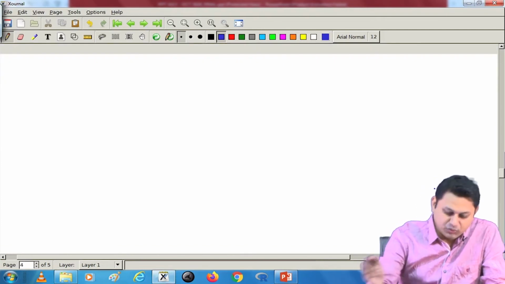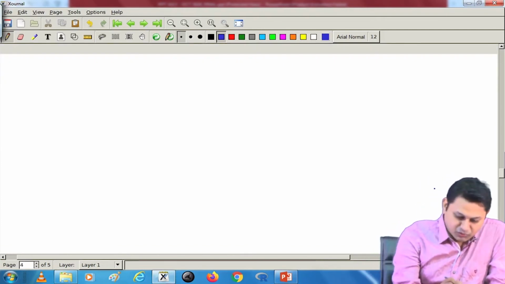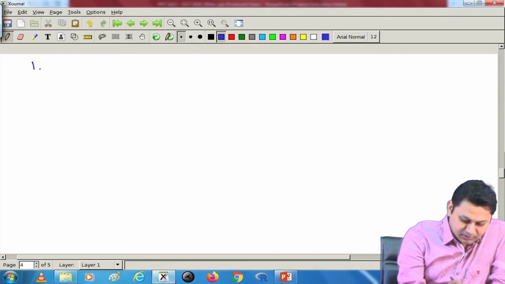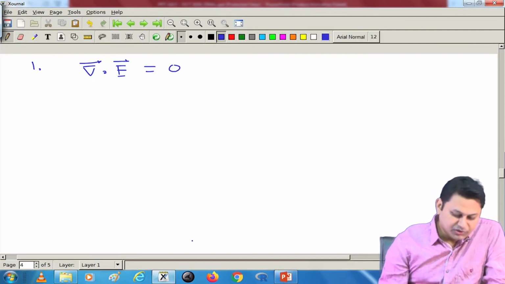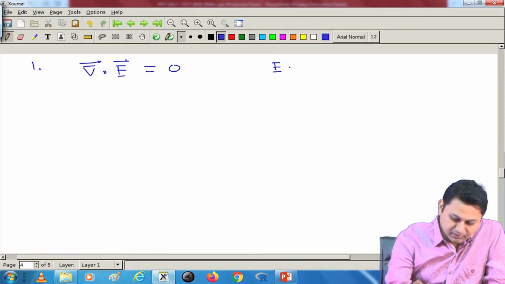So, we are going to make use of that for all the 4 Maxwell's equations. The first equation I have is grad dot E equal to 0, and I know the solution, E equal to E0, the plane wave solution, e to the power of i (k dot r minus omega t).